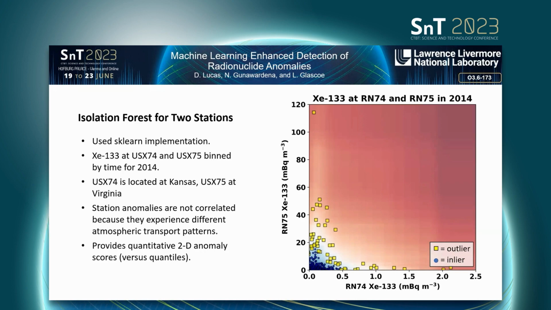And we see that the algorithm successfully identifies inliers and outliers, but the data is not strongly correlated. That's because those two IMS stations are seeing different weather and different emission patterns and things of that nature. So we wouldn't expect to see a strong correlation, but this is where the ATM, or atmospheric transport model, can come in to help correlate what would be expected at the two stations.